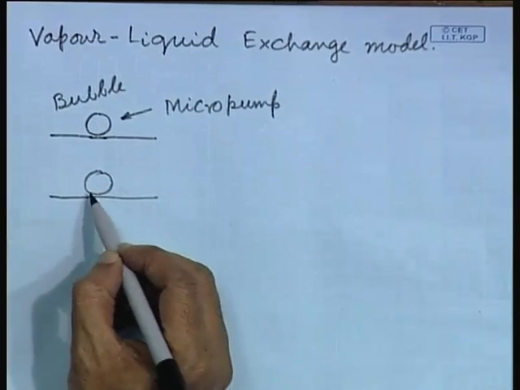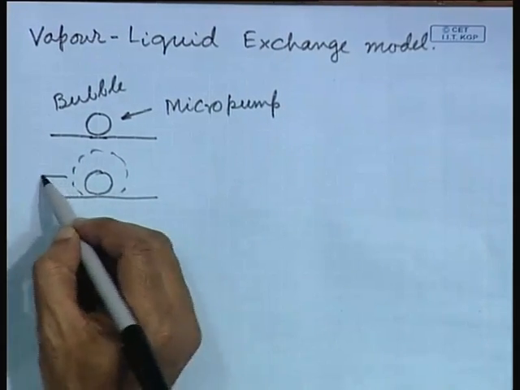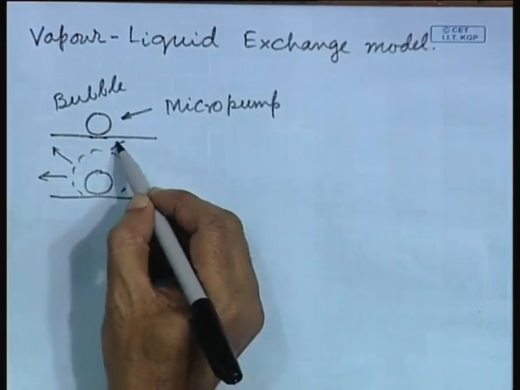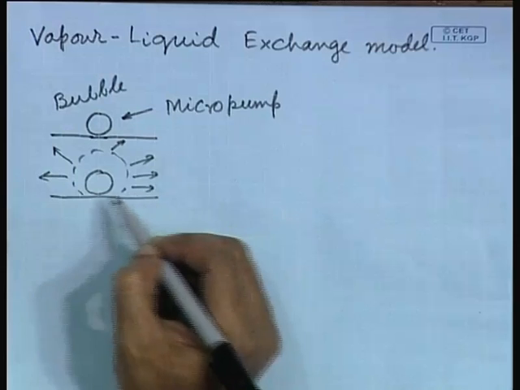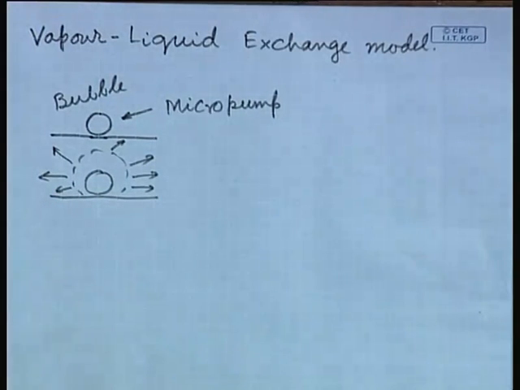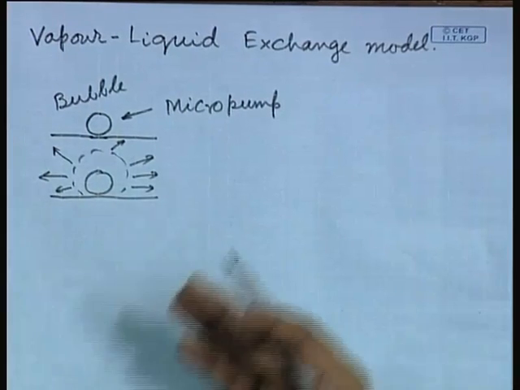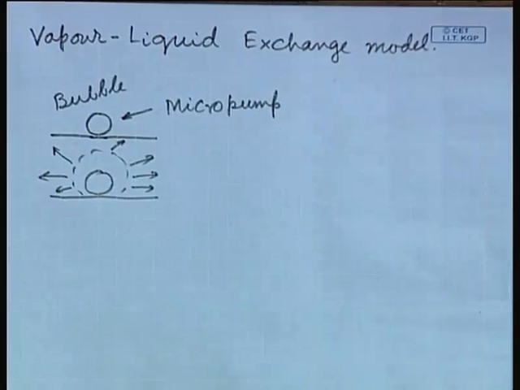If the bubble is growing, it will push the fluid in the outward direction. When it is departing or collapsing, it is sucking fluid towards its center. This growth and departure of the bubble keeps on occurring during boiling. So, we will have some sort of a pumping process of liquid due to the motion of the bubble.